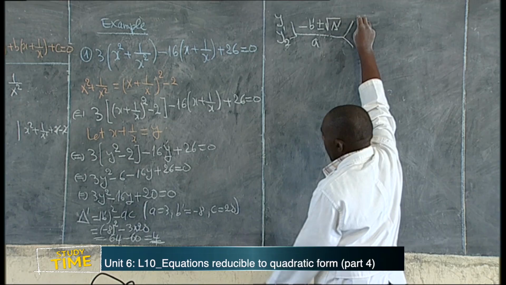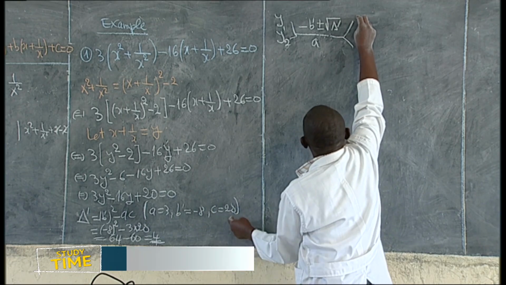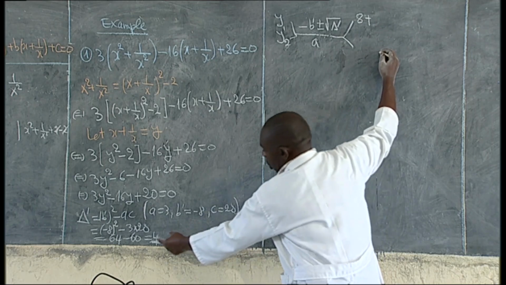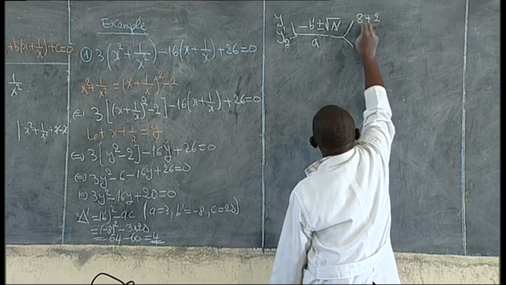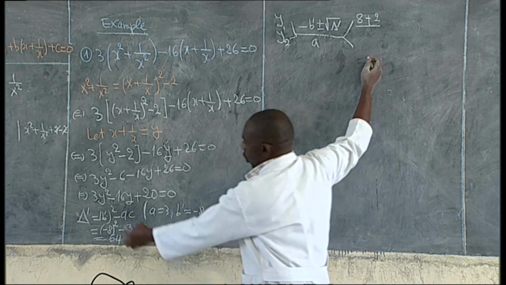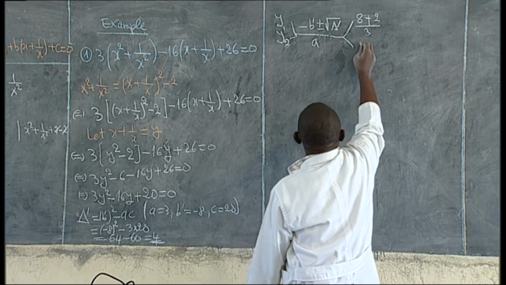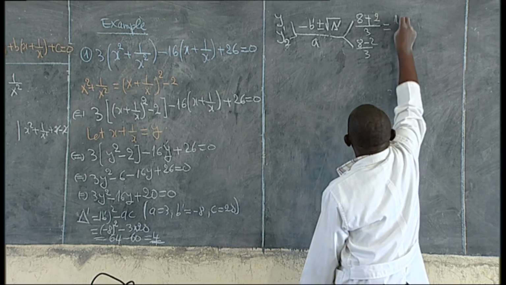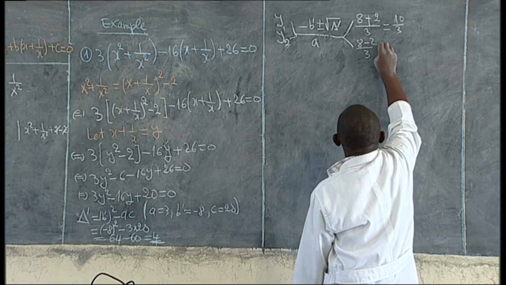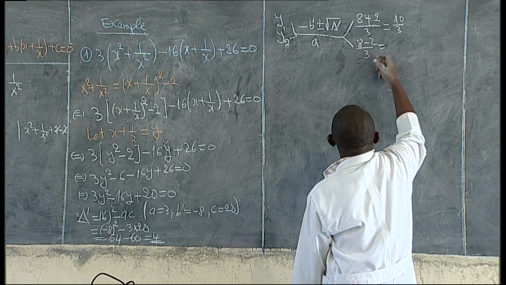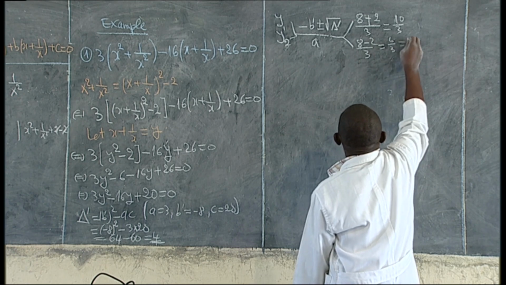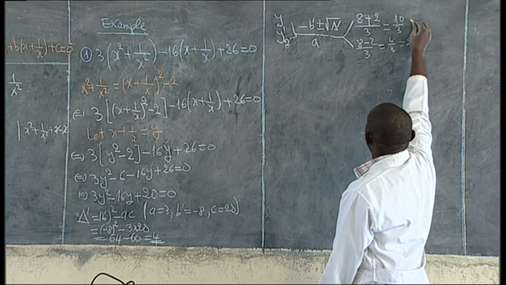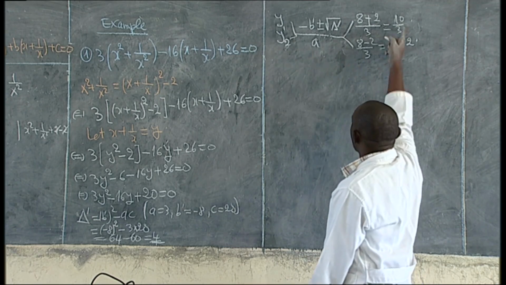So I have 8 plus square root of 4, which is 2, divided by a, which is 3, and 8 minus 2 divided by 3. This is 10 over 3, and here it is 6 divided by 3, which is equal to 2. These are different values of y.